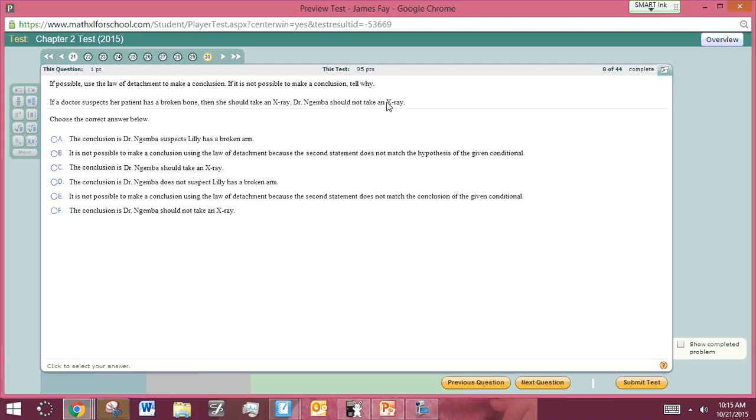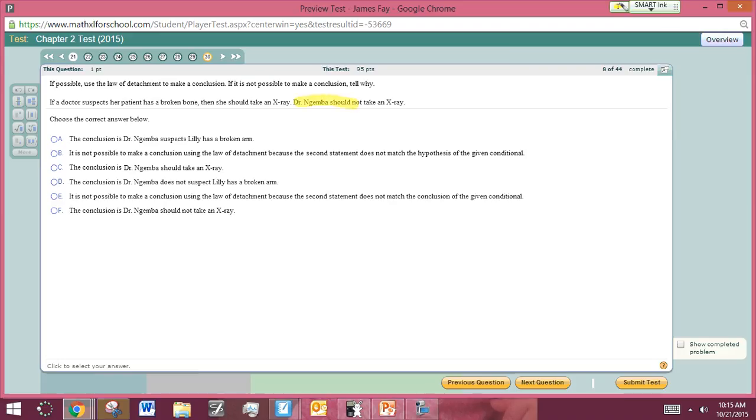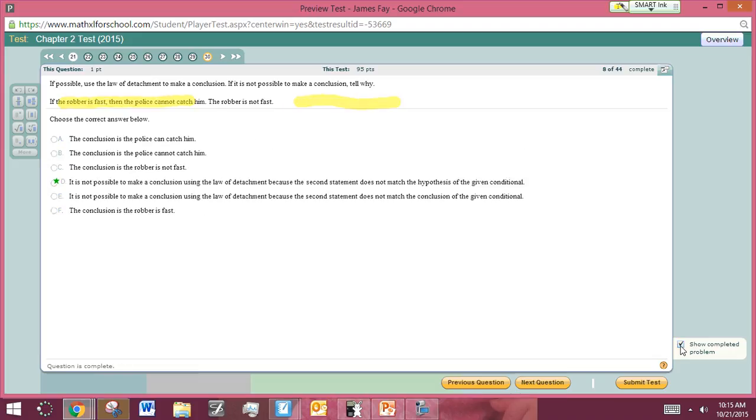So what we're doing is we're asking, does this phrase here match up with the if part here? And for mine, they don't match up. So there's no conclusion. It is not possible to make a conclusion using the law of detachment because the second statement does not match the hypothesis of the given statement. So option B there.